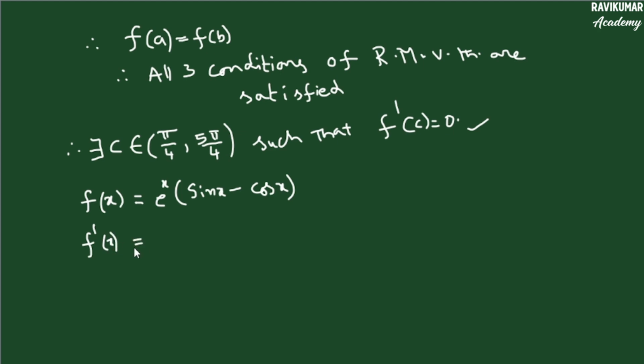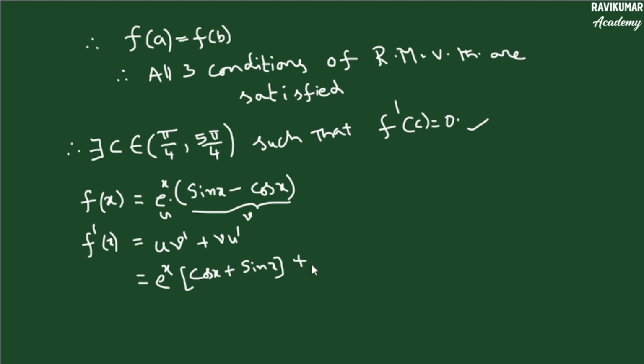This is uv; take u as e power x and v as sin x minus cos x. Then uv dash plus vu dash is the derivative. u means e power x. v dash means the derivative of sin x minus cos x. Sin x derivative is cos x, and cos x derivative is minus sin x, so you will get plus sin x here.